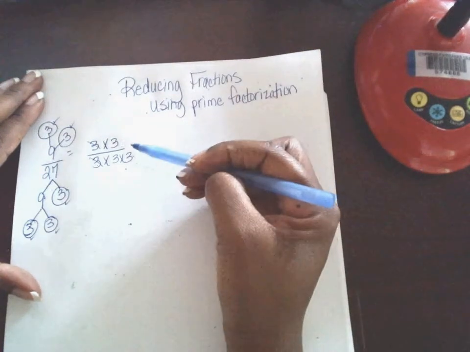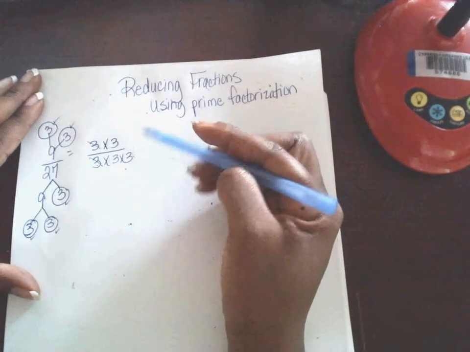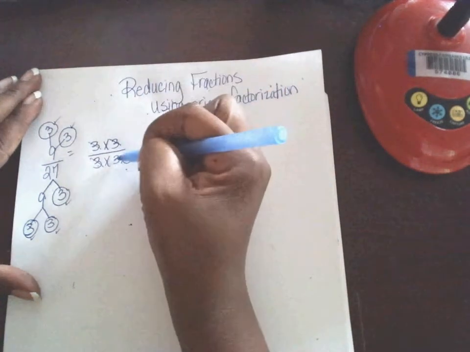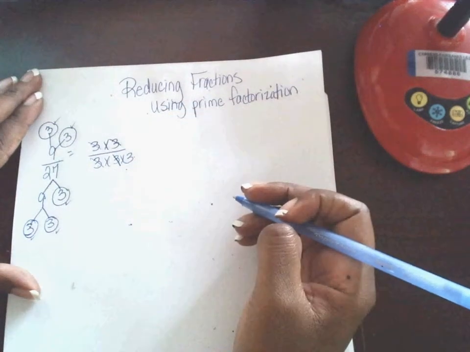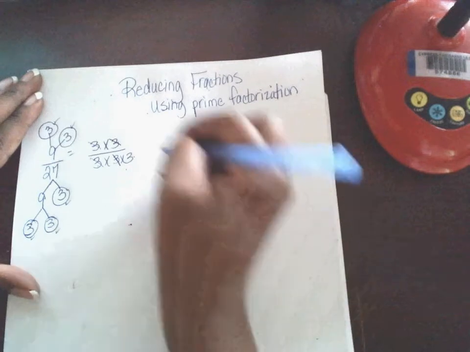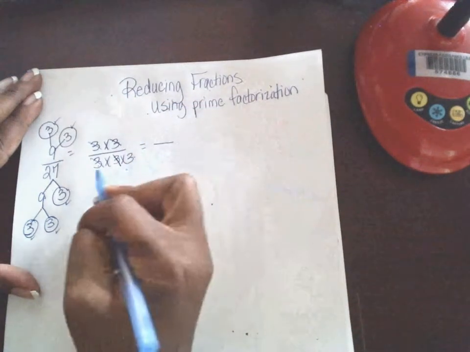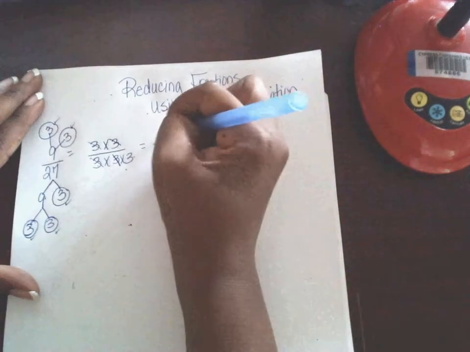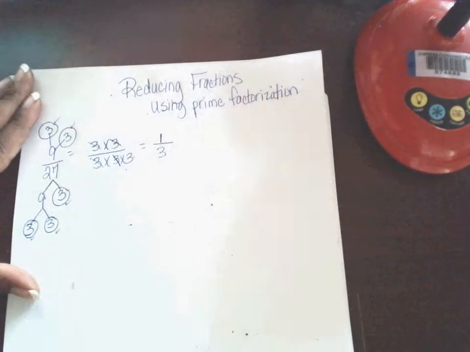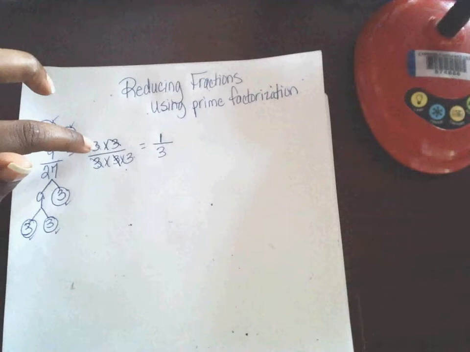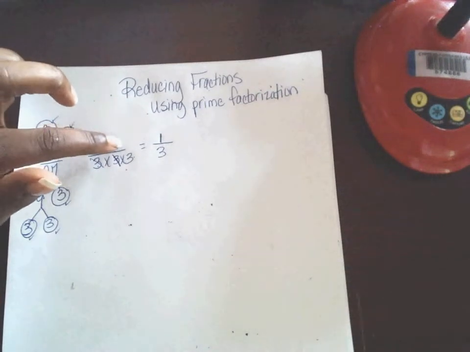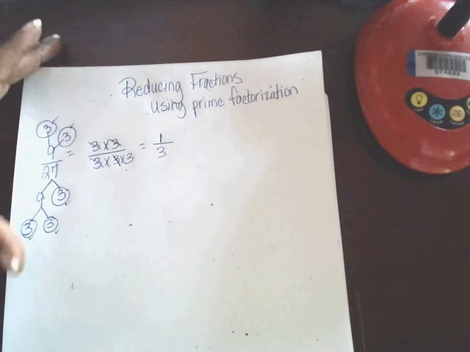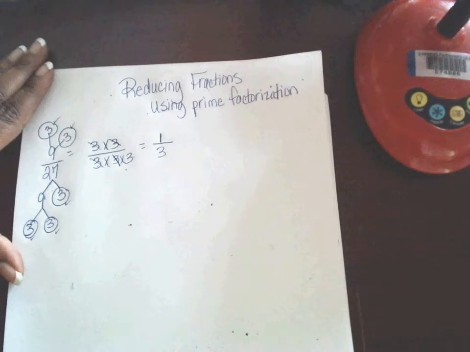Now, I have another one that's the same number at the top and the bottom. So I have a 3 here, and I have a 3 at the bottom. I could take those out. Are there any other factors that are the same? No, there's nothing left that's the same. So at the bottom I have 3, and at the top you don't see the 1, but you put 1 there because it's 1/3. You could multiply 3 times 1 and still get 9. So it's okay and it's proper to put 1 there.